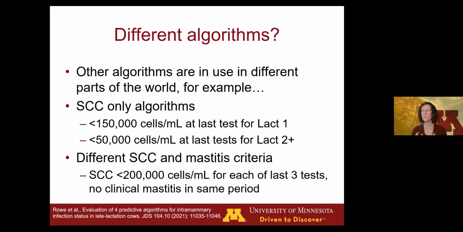Herds have some flexibility to choose an algorithm that makes the most sense for your herd, your risk of mastitis, and your availability of dry cow tubes, so how many cows you can actually give antibiotic dry cow therapy to. Knowing that there are all these different algorithms, a question you should be asking is, is there a perfect algorithm? There are certainly algorithms that have been tested that we know work pretty well, like the ones I've mentioned.